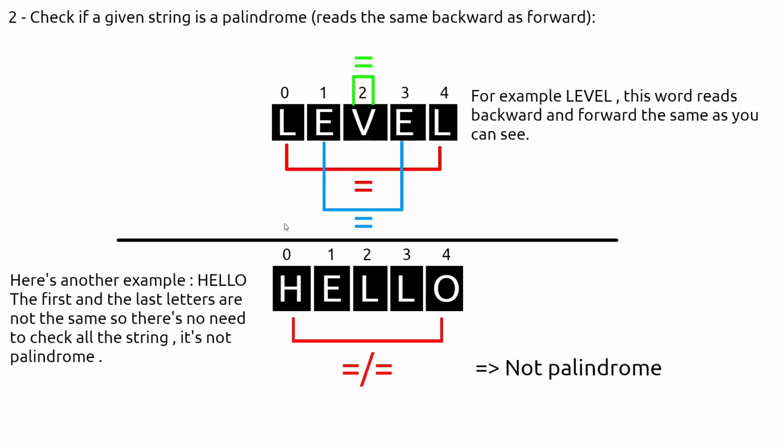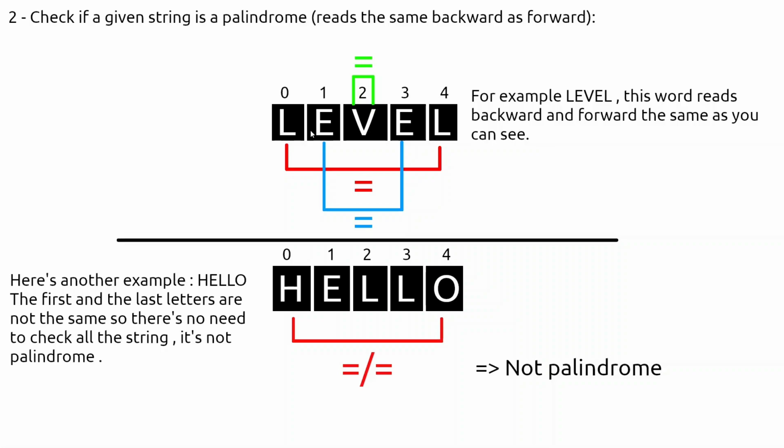So the second exercise, what does it say? It says to check if a given string is a palindrome. What does palindrome mean? It means that it reads the same forward and backward. Okay, so for example, this word level reads the same way backward and forward.